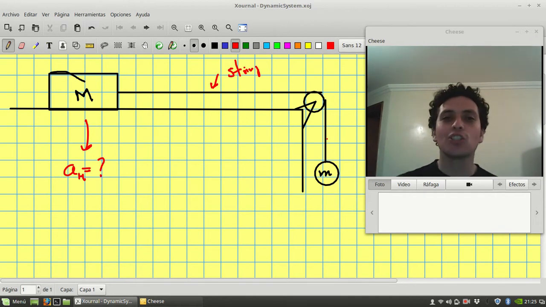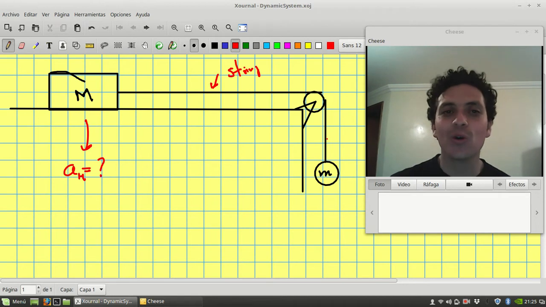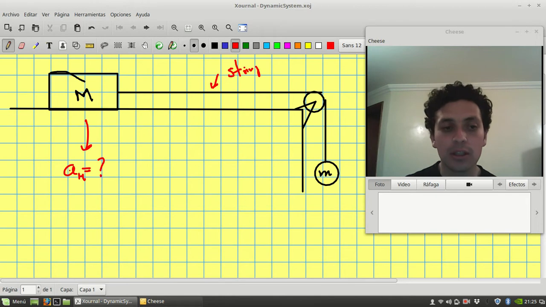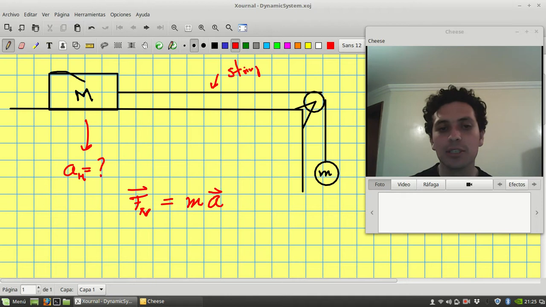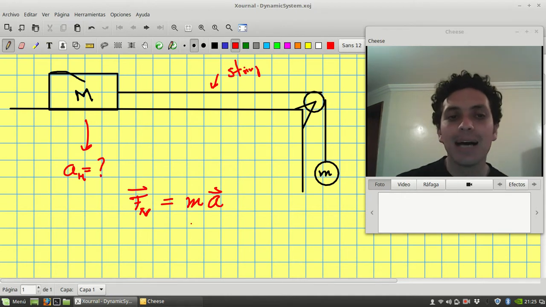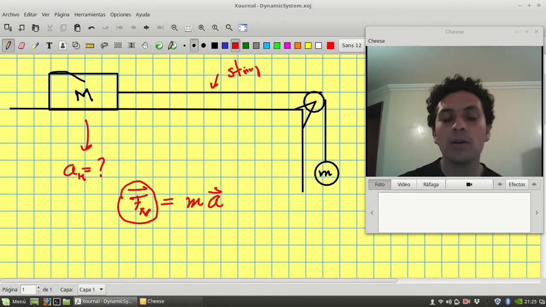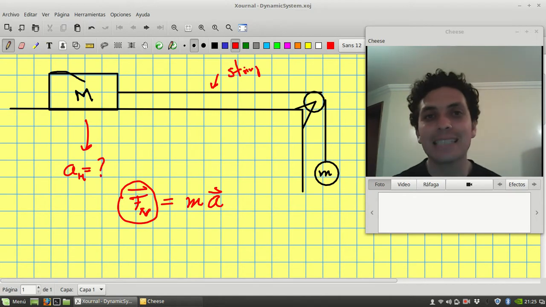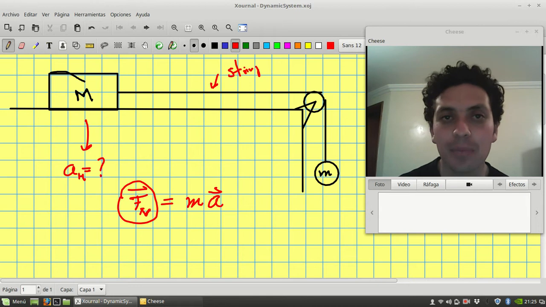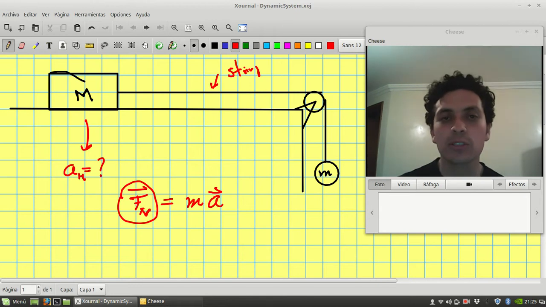So we're going to take the system, including the string, and think in terms of Newton's second law, which establishes that the net force is equal to the mass times the acceleration. But what's going to be the net force? We're just going to take into account forces that are outside the system, the external forces to the system.